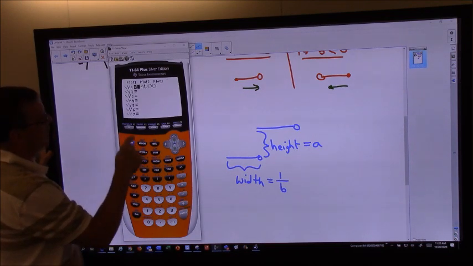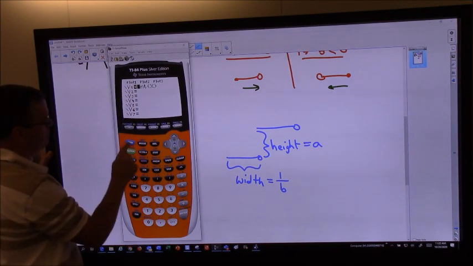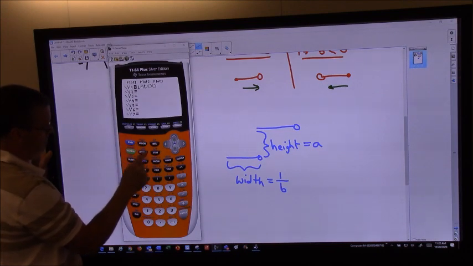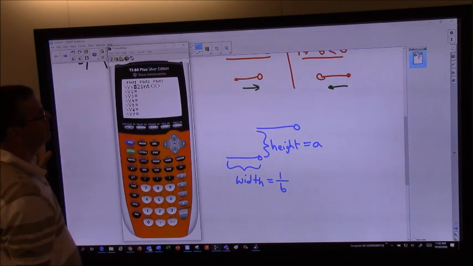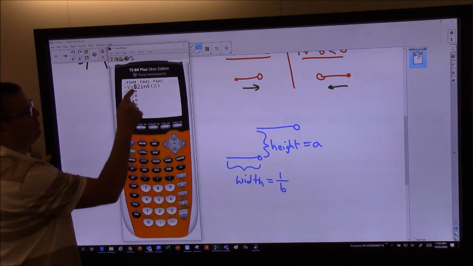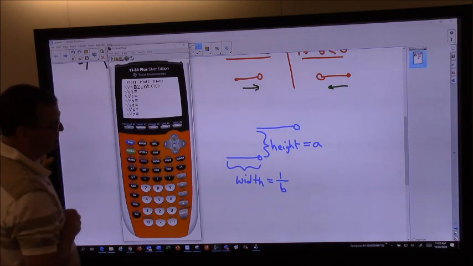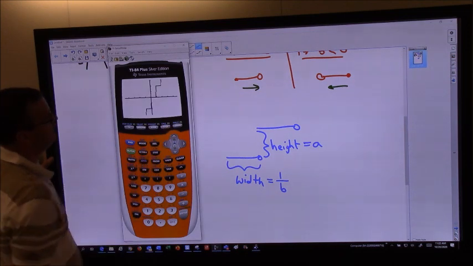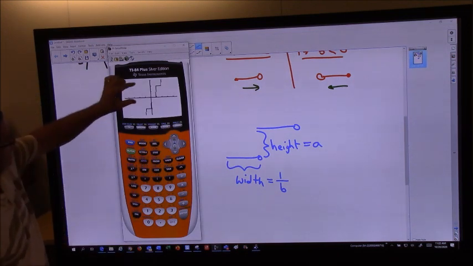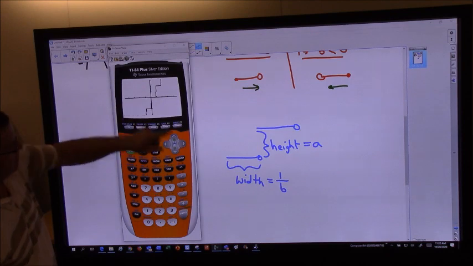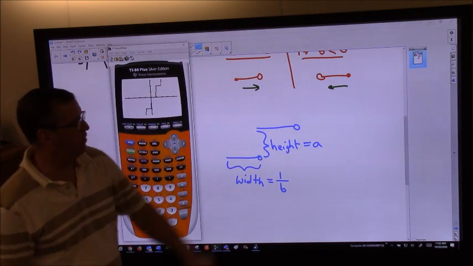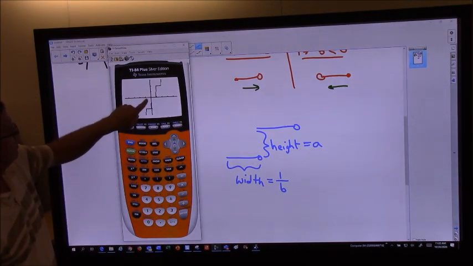So if I want to put an a value in front of this, I just have to insert it right here. I'm going to insert the number 2. So now I've got 2 times the greatest integer function of x. I've only changed the a value. All right? And I'm going to graph it. And what I can see is that the height of those steps is now 2 units, whatever that a value is. So here's the first step.